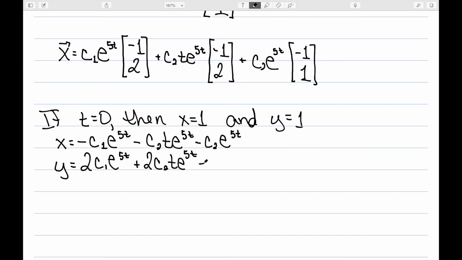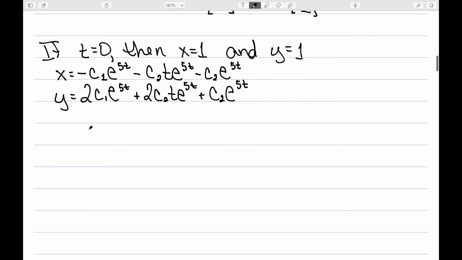And the third one would give me plus c2 e to the 5t. Now, I know that x is equal to 1 if t is equal to 0. So I have negative c1 times 1, negative c2 times 0, so I'm going to skip this term, minus C2 times 1. My second equation, I know y is equal to 1. I have 2C1 times 1. Once again, this middle term, if I let t be equal to 0, will become 0, and then plus C2.